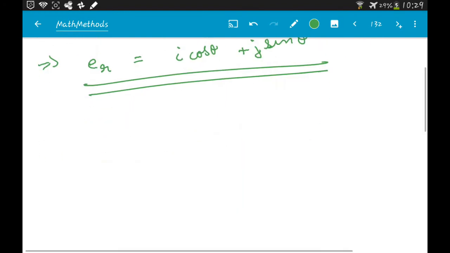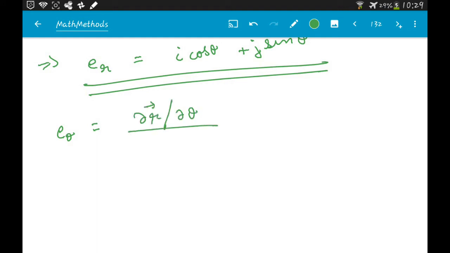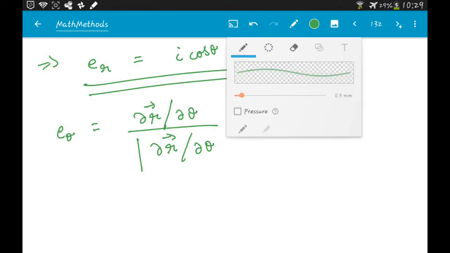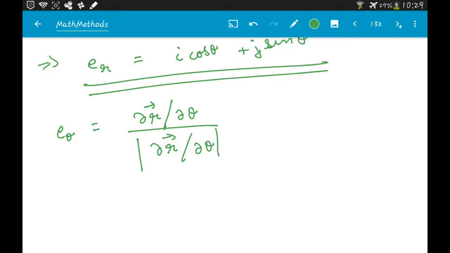Similarly, you can calculate for E theta. What is E theta? E theta is nothing but dou R by dou theta divided by the norm of dou R by dou theta. So here what is dou R by dou theta?